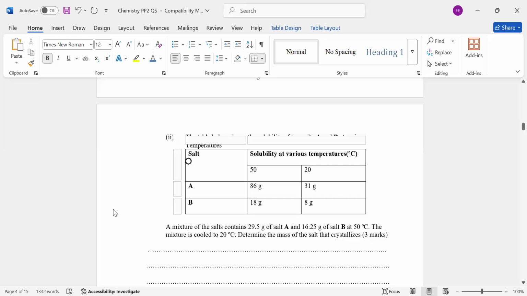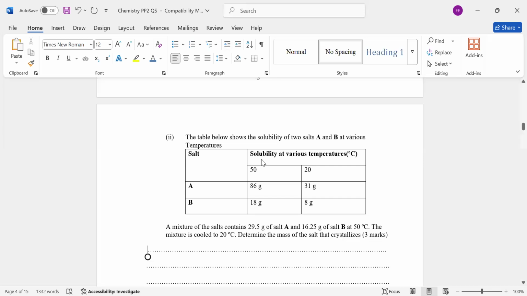Now, let us look at what is happening. Analyze this question first. Analyze what we do have first. We have solubility at different temperatures, at 50 degrees Celsius and also at 20 degrees Celsius. Now, salt A at 50 degrees Celsius, 86 grams of salt A is required to crystallize at 50.